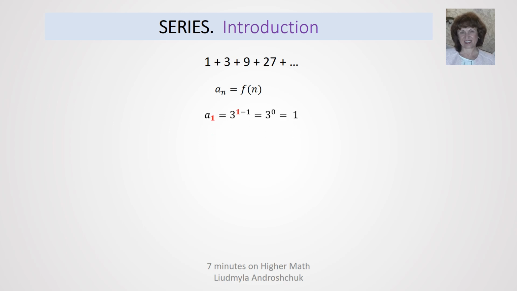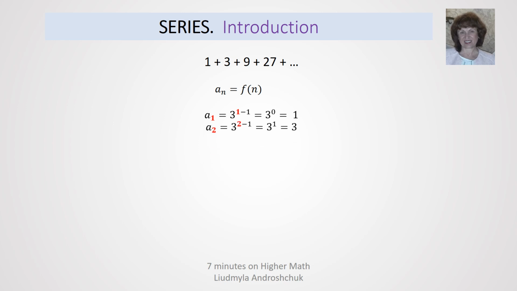For that, let's consider each term. First of them is 1. But how can we get 1 from the number 3 and index 1? It is 3 to the power 1 minus 1, 3 to the power 0, equals 1.